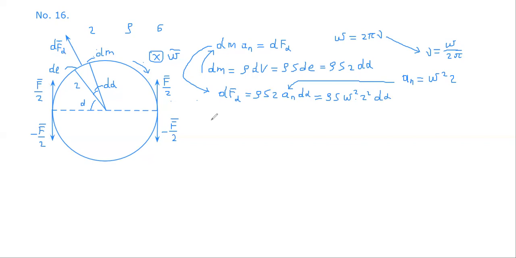How to do this? How to connect df and df alpha? We can see that here we have the angle that is equal to alpha.